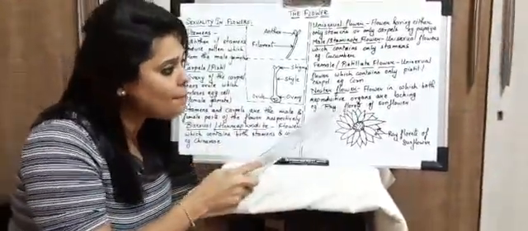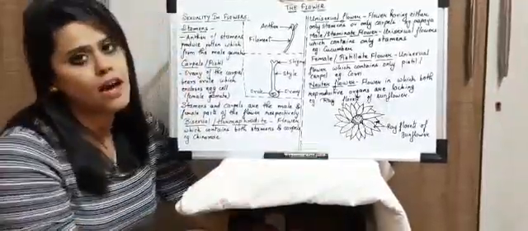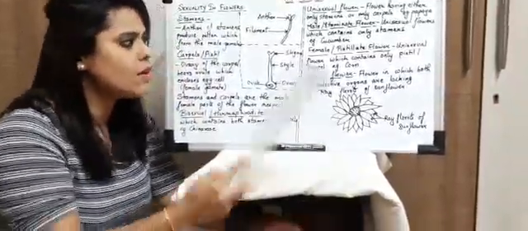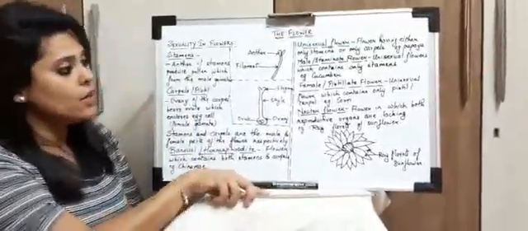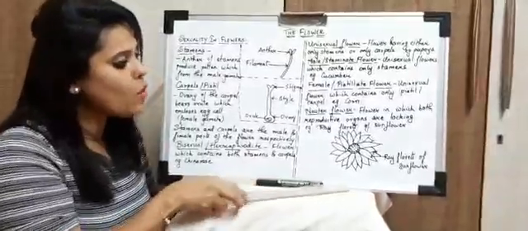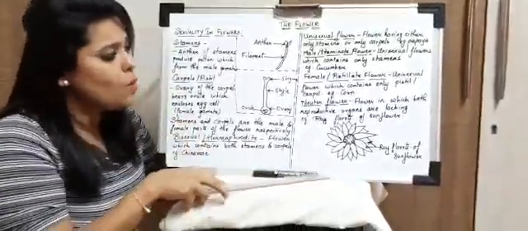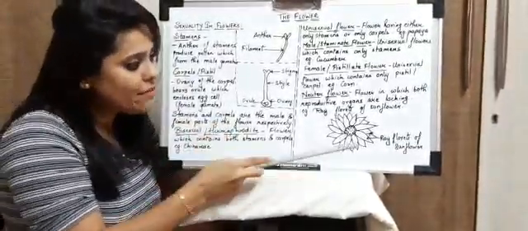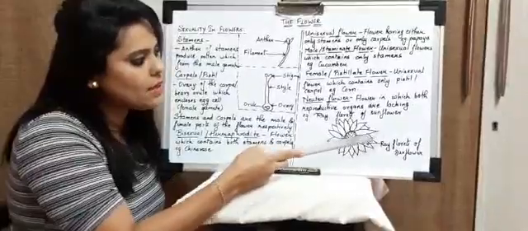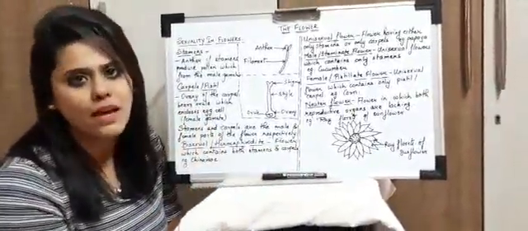Now the common example over here is ray florets of sunflower. You all must have heard about a sunflower. Yes, I'm sure. But you all must not be knowing what is ray florets of sunflower. Now, what is the ray floret? In simple words, every petal of the sunflower is called as the ray floret of the sunflower.